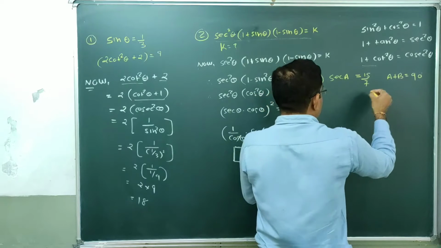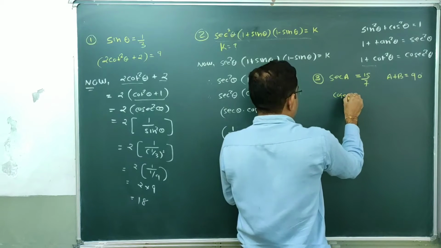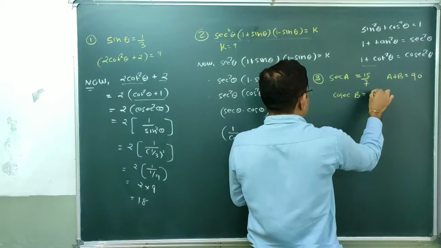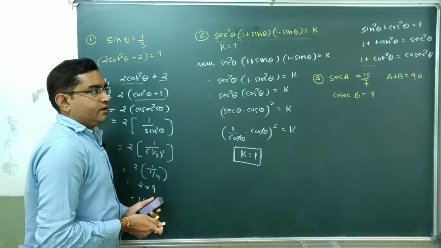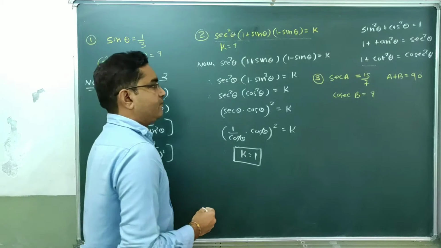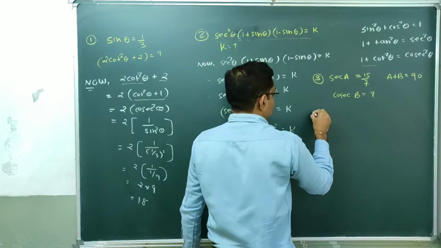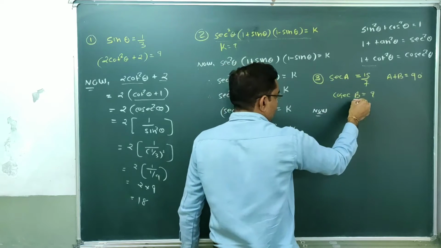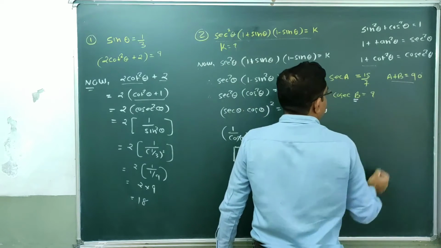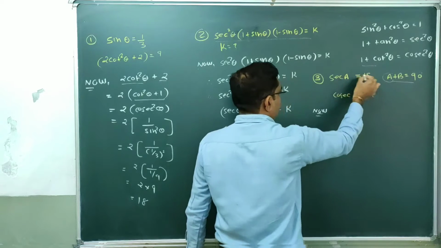Then find the value of cosec B. What is the value of cosec B? A plus B is 90 degree and the value of sec A is 15/7. So now here cosec B is required, and A plus B is 90 and the value of sec A is given.